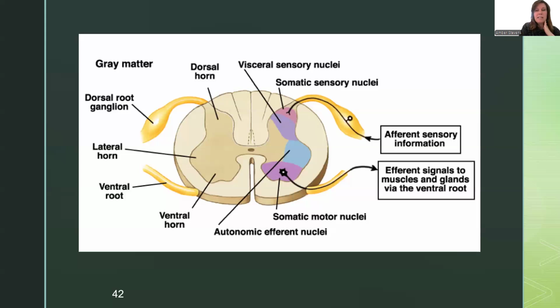And each dorsal root has a dorsal root ganglion, which houses the cell bodies of sensory neurons. The ventral and dorsal roots merge to form the spinal nerve. The spinal nerves contain both the sensory and motor fibers. That makes them mixed nerves.